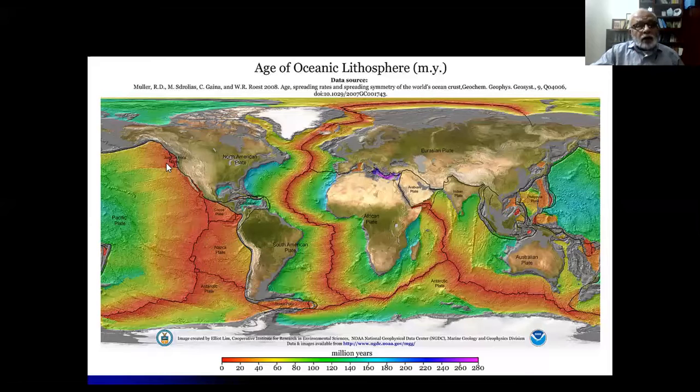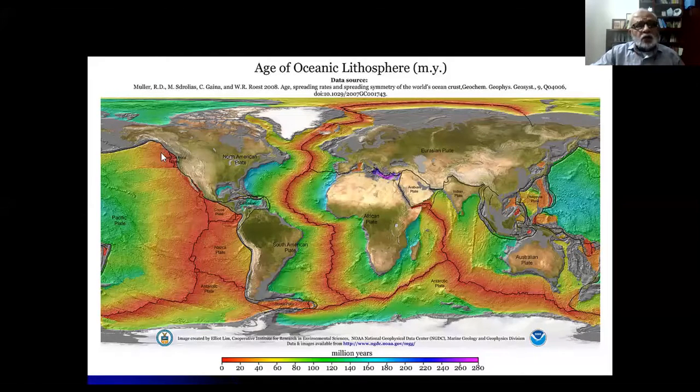Ring of fire means you have a continuous active volcanic chain around the ring of fire, which is in the Philippines and all these places, Japan, and this Pacific rise.